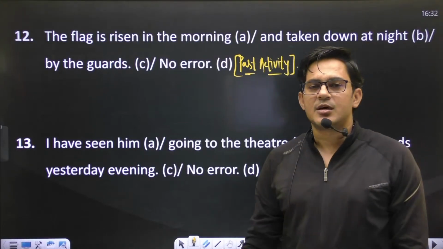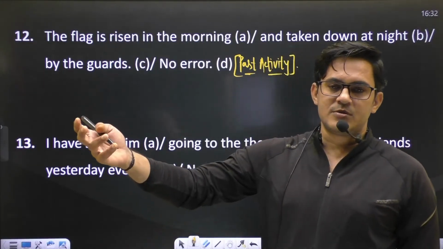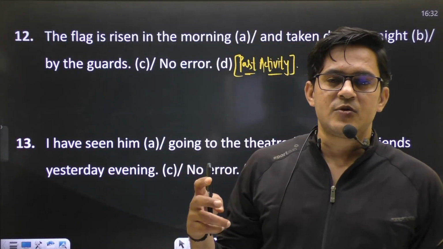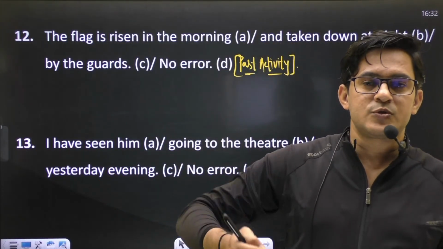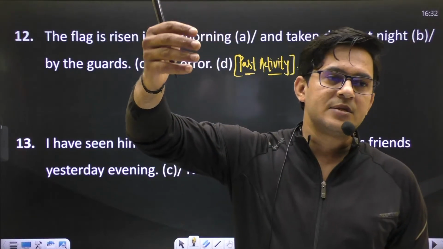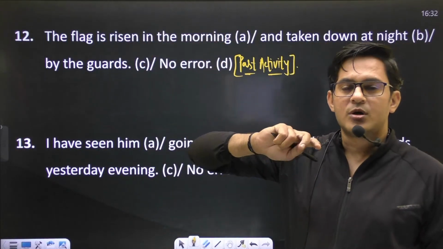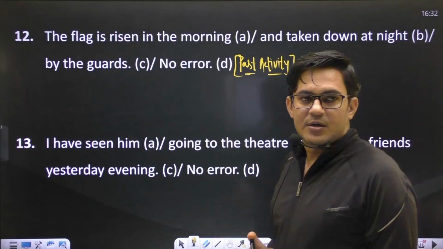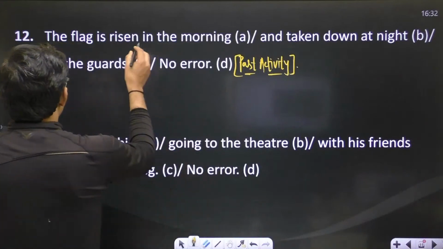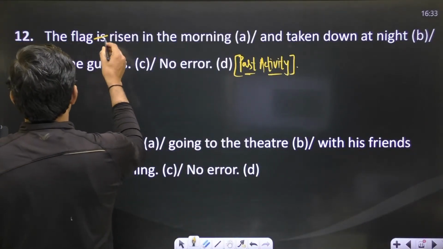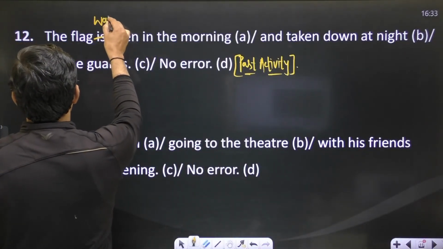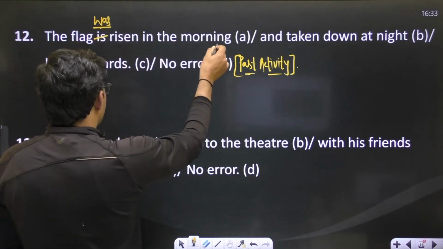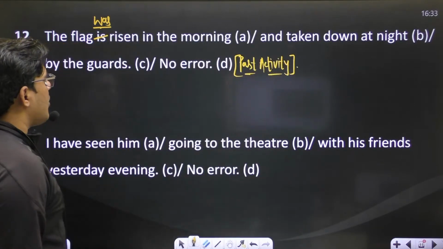You can consider that an event was somewhere, and in that particular event, the guards raised the flag in the morning and took it down at night. So it is a past event, and to denote a past event we don't use is, am, are, we use was, were. So the sentence will be like: the flag was risen in the morning and taken down at night.